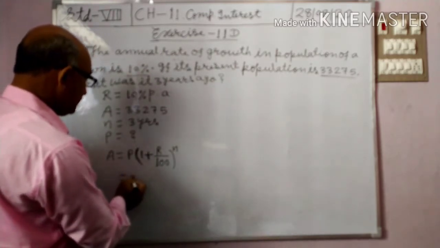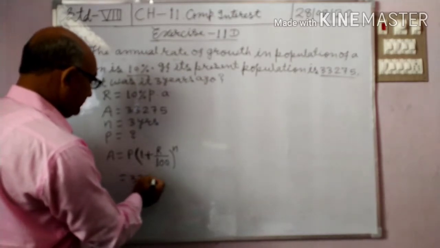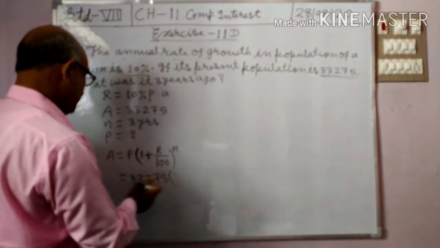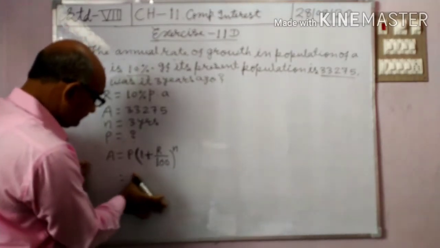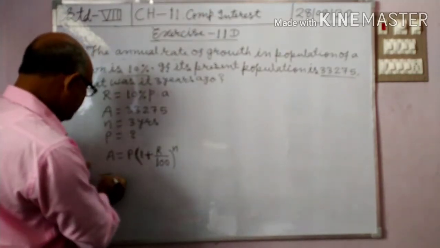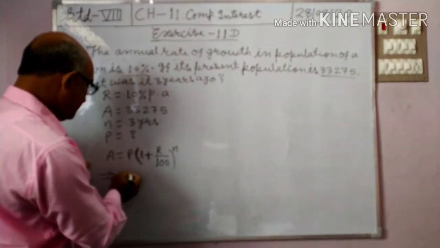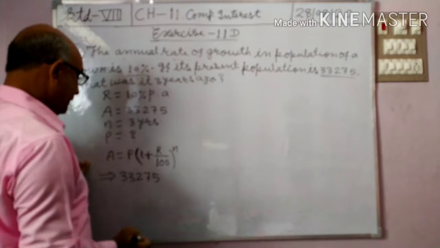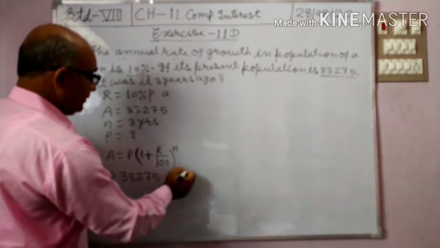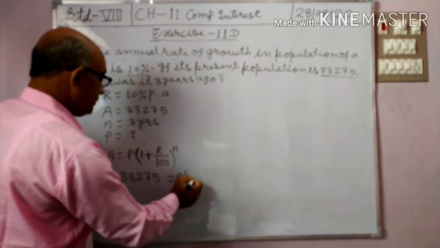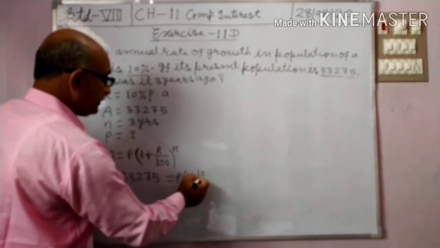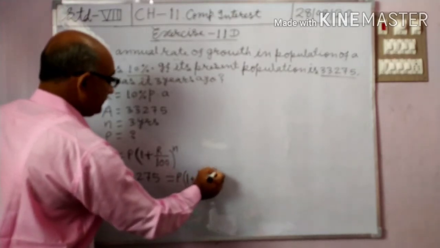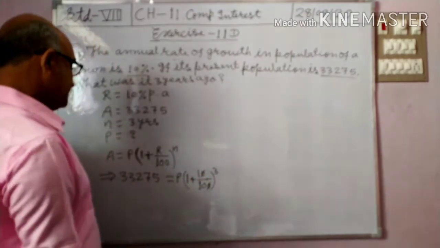That implies A equal to 33,275 equal to P into (1 plus 10 by 100) to the power 3. Cancel the zeros.